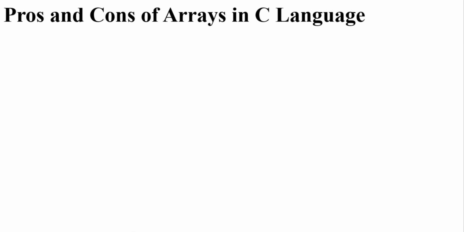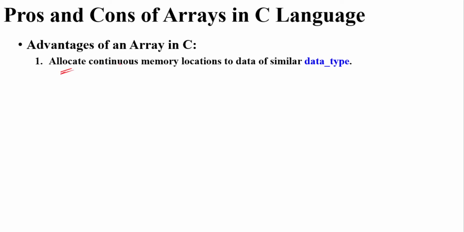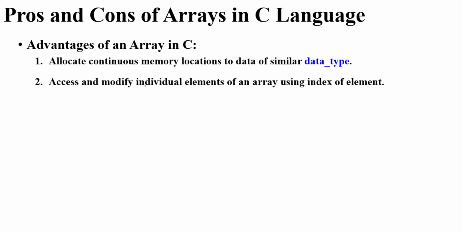Now some advantages and disadvantages of arrays in C. So what are the advantages? In C, continuous memory locations are allotted to similar data types when you are declaring an array. Similarly, accessing and modifying individual elements in an array is very easy.